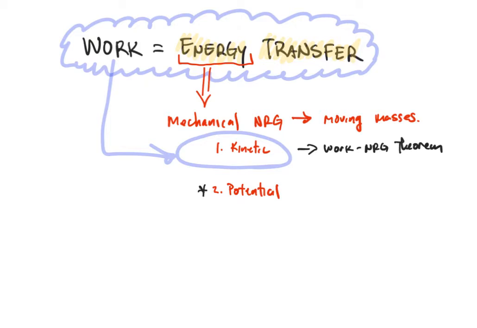Potential energy, we're going to come back to next unit. We will talk about potential energy, how to calculate potential energy values and their relationship to work, but that'll be next unit. For now, I want to think about how work can cause a transfer of kinetic energy from one object to another. So that's the big picture.